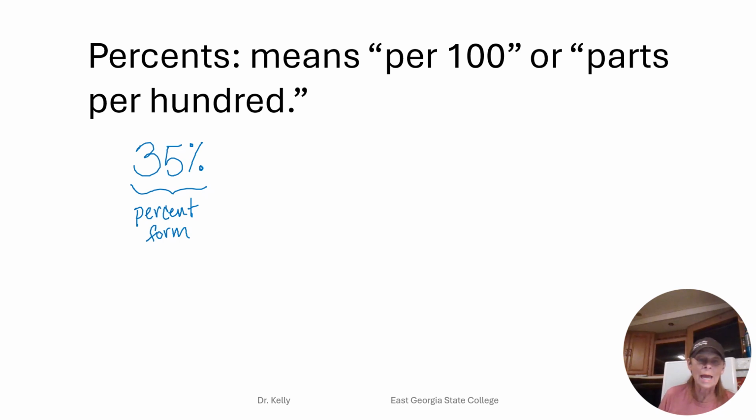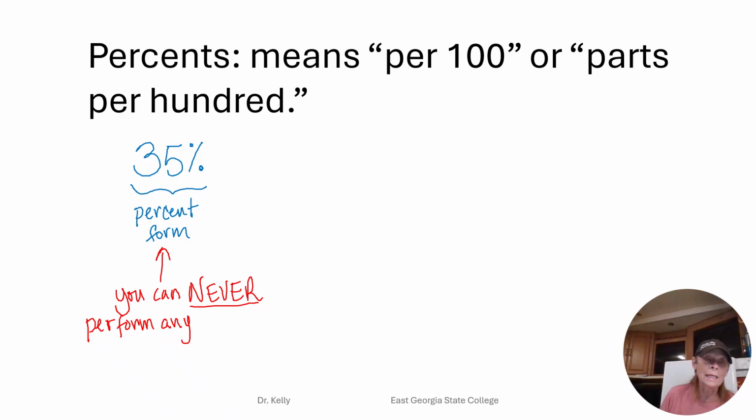One thing I have to note here is you can never, and there's not a lot of nevers in math, but I'm going to write it in bold, big, and underline, you can never perform any operations, and that means add, subtract, multiply, or divide, while in this form.